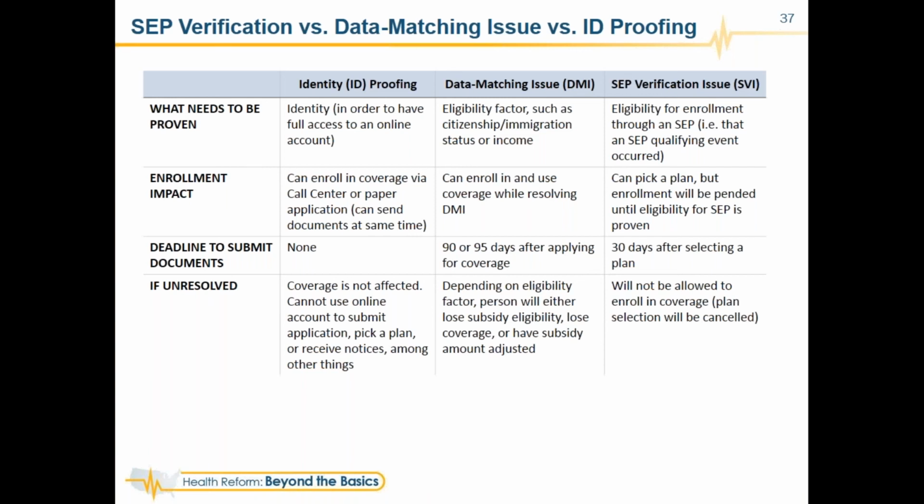And the good news is that CMS has said that when this kind of thing happens, in other words, when you have a request for documentation for something like an identity proofing, a request for documentation for something like a data matching issue, and a request for documentation for an SEP, to the extent one document that is sent in can be used for more than one of those things, their goal is to use that document to clear any of them that it could clear, okay?